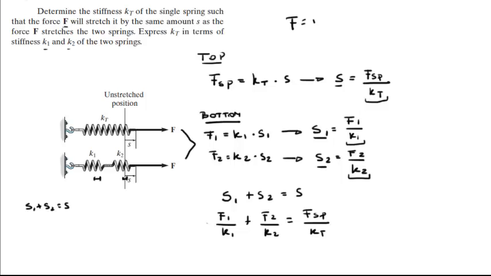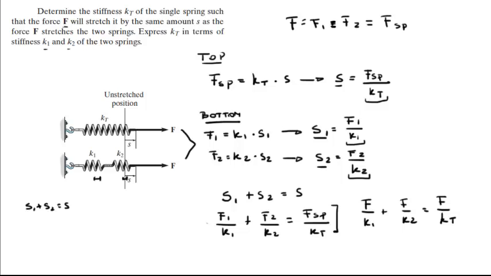F is equal to F1, which is equal to F2, which is equal to the force developed by the spring. Therefore, this is the same as saying F over K1 plus F over K2 is equal to F over KT.